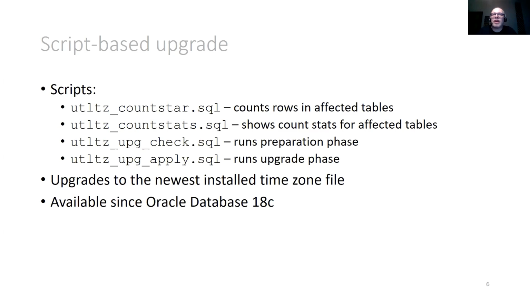It doesn't count the particular values that are affected, but instead it tells you how many rows are on those tables. Generally, when you run an upgrade check or an apply, in many cases all rows are at least read from the table.